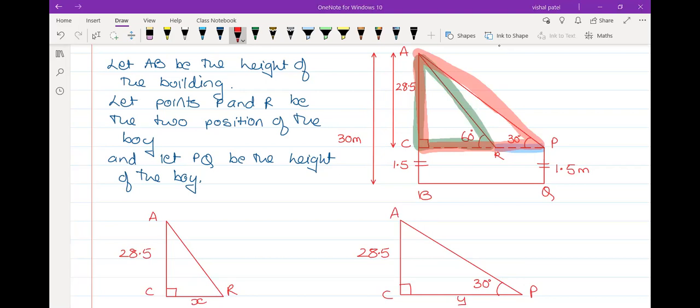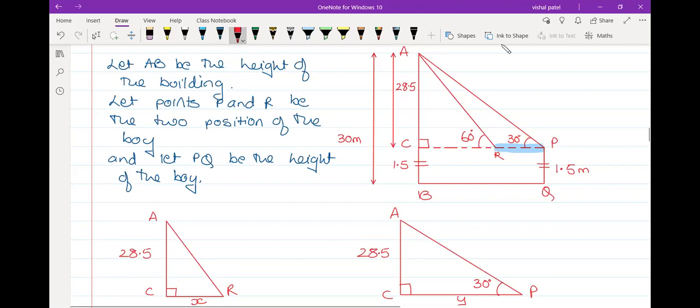Now, I want all of you to solve the sum how I'm solving. Not just now, in the exam also. So what I did, first I did the main figure. After that, I took only the right angle triangles in which calculations are going to happen. If you see, I have not taken anything else. Obviously here point R is 60 degree.